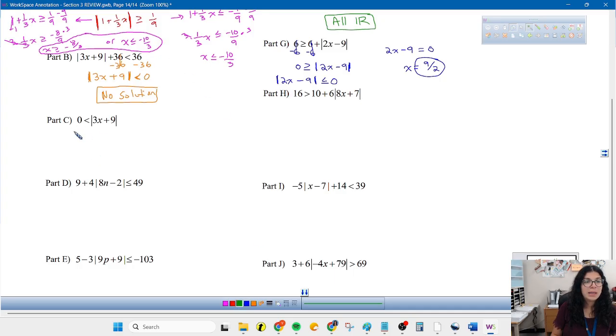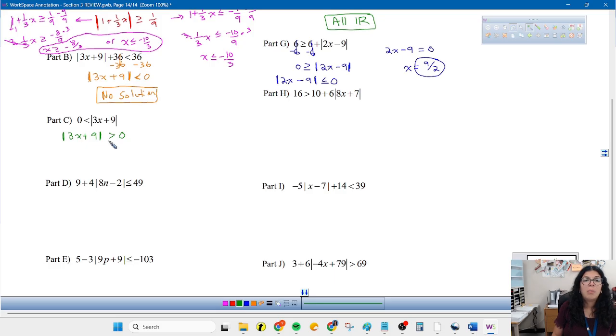All right, let's do part C. Again, I find it easier to read when the variable is on the left, because if not, then you just have to invert the inequality symbol in your mind. So we're looking for a number that, when I take the absolute value, is going to be more than 0. Well, that's going to be all numbers, right?